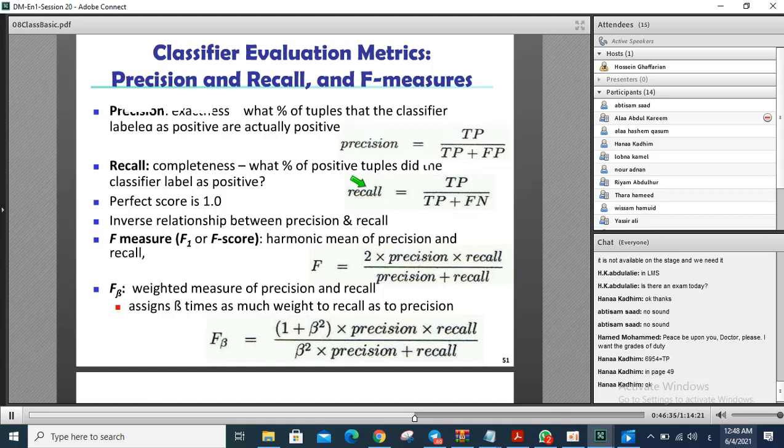Recall means what percent of positive tuples did the classifier label as positive.